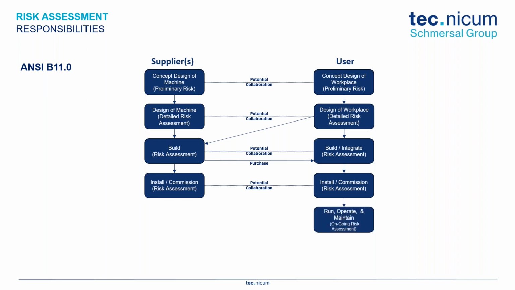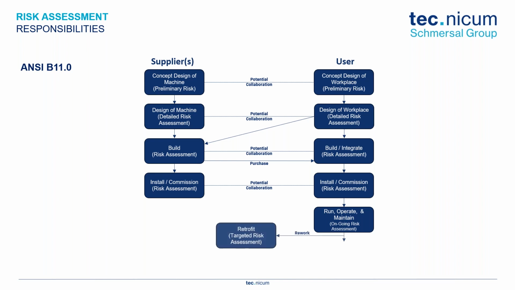Okay. Now that the user has claimed this machine, they now own this machine. Now you have to do an ongoing risk assessment. Okay? A risk assessment is not a one and done deal as we see here. Just because the machine is purchased, installed, and running doesn't mean that we no longer have to do a risk assessment.